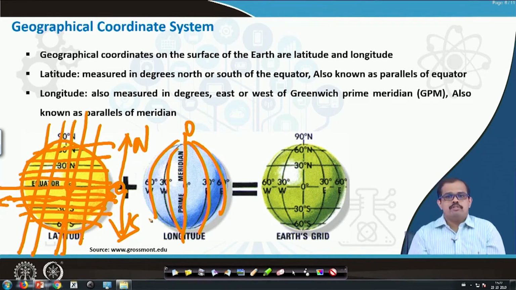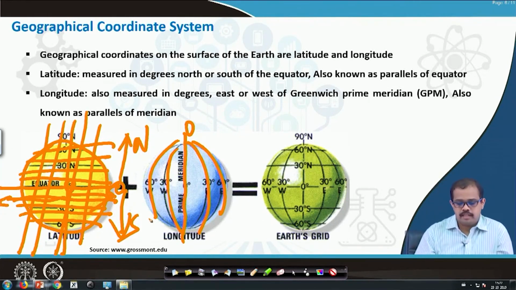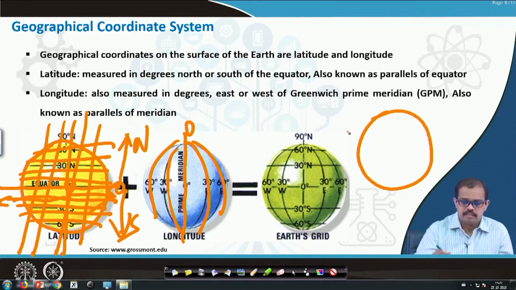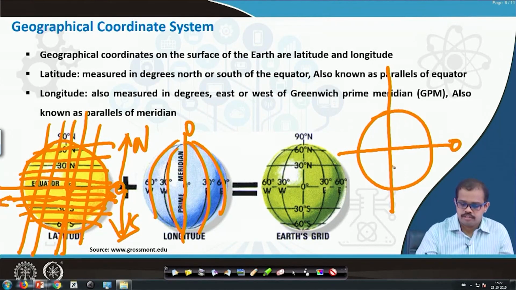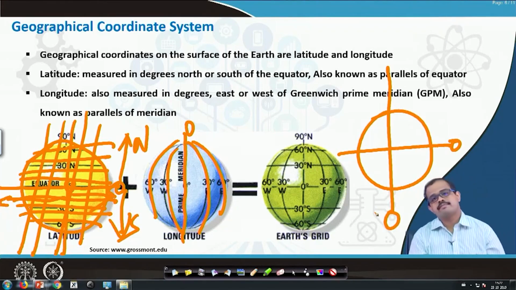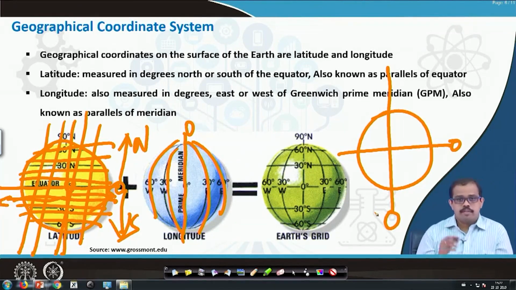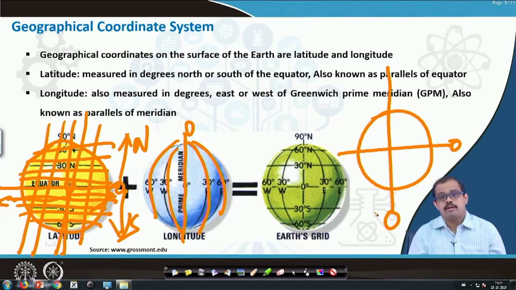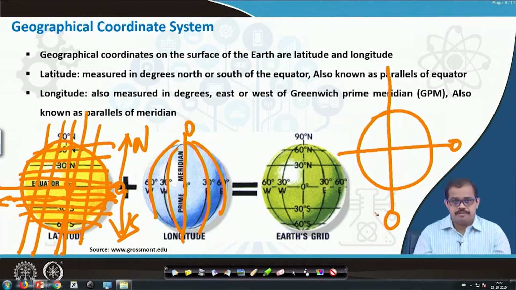Now my prime question to many of the students would be something like this: I have an Earth surface something like this. Now this is your 0 equator and this is your 0 prime meridian. Okay. Now if someone wants to locate a latitude, on which axis would you measure to locate a latitude, and which axis would you measure to locate a longitude?